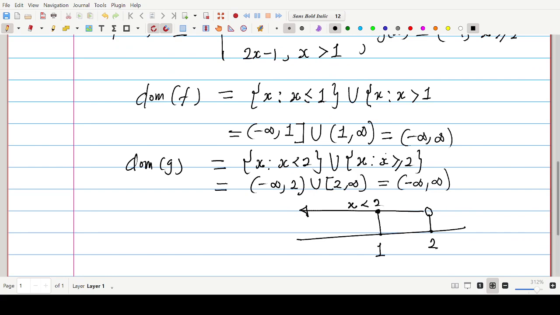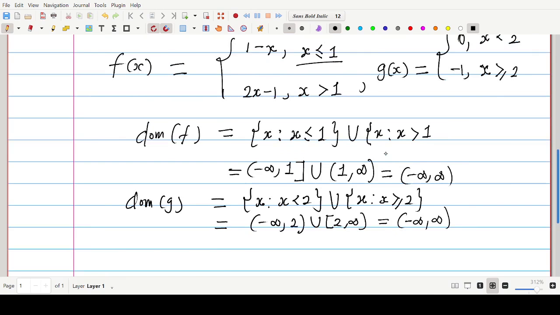Then you can see that this region is common to both of them, and this region defines x to be less than or equal to 1. So in other words, the intersection between these two intervals is x less than or equal to 1. So both functions will be defined on the interval x less than or equal to 1. Hope you get what I'm trying to explain. Please try and get it.